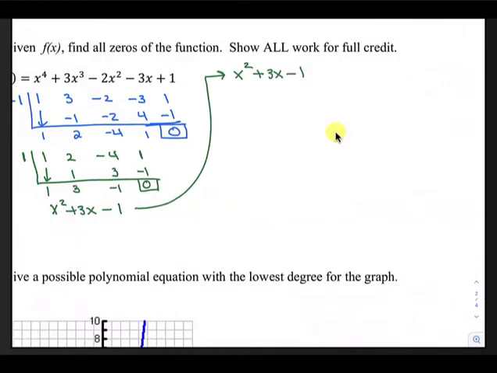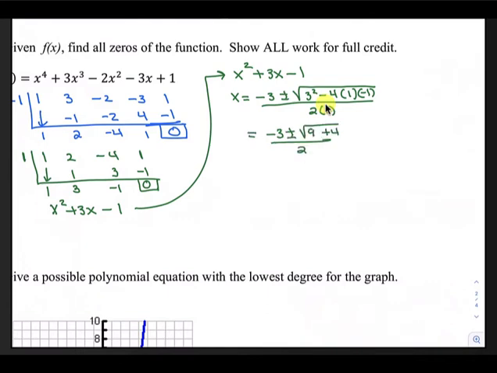All right, now entering the values into the quadratic formula. The quadratic formula says -b plus or minus the square root of b squared minus 4 times a times c, all divided by 2 times a. And these are the numbers that go in there. Simplifying further, 3 squared is 9.